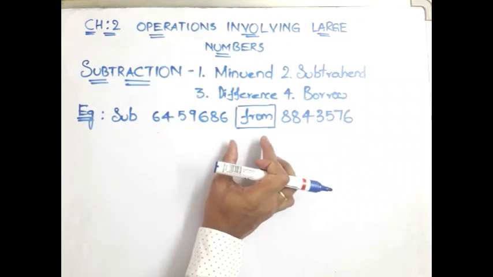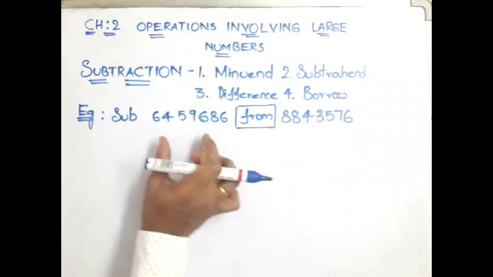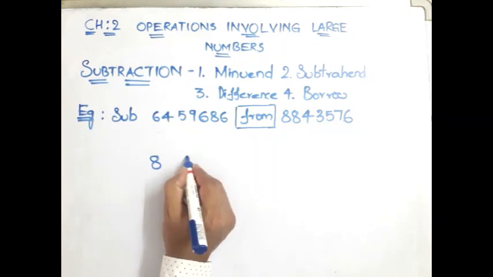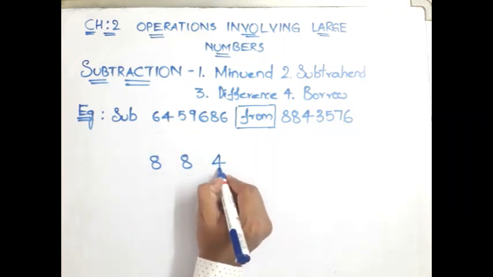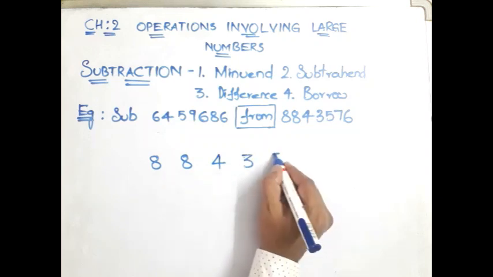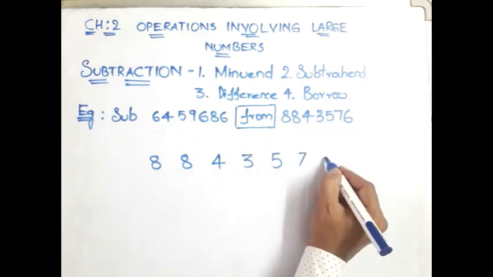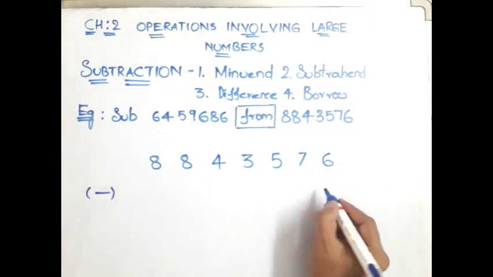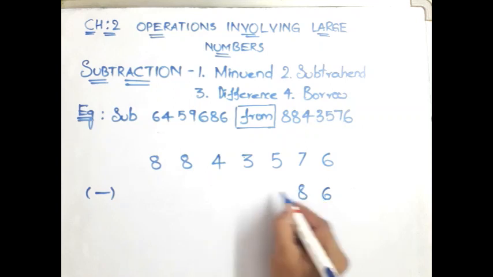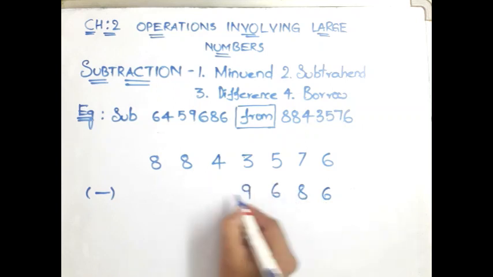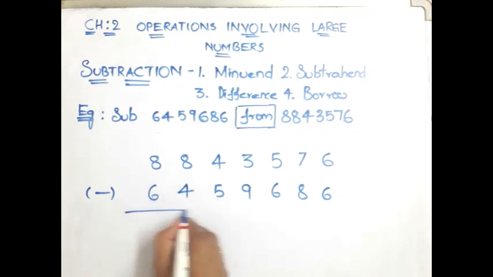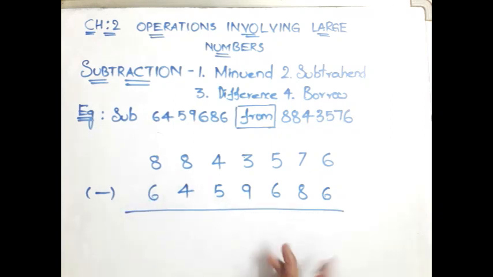Now let us see how it goes. As discussed, from this number we are going to subtract this. So let us write the number 88,43,576. As we have to do subtraction, minus 64,59,686. Now let us see what the result is going to be. 6 minus 6, 0.